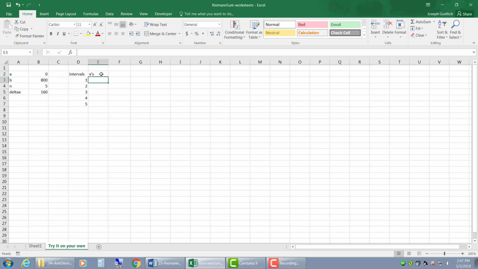Your first X is always the A value, so 0. And then you just add the previous to the delta X. And f of x, this is the formula that's given.